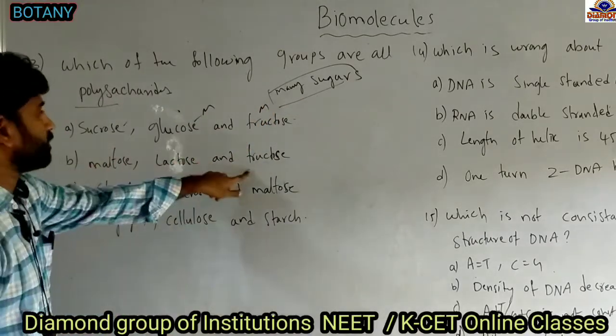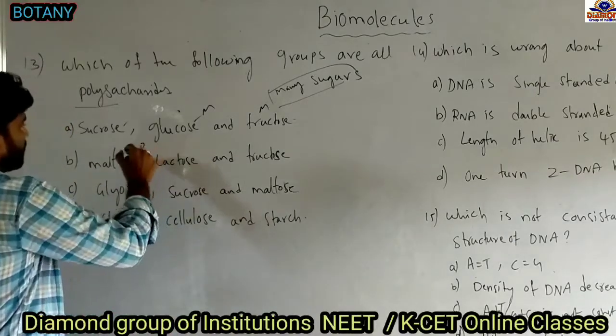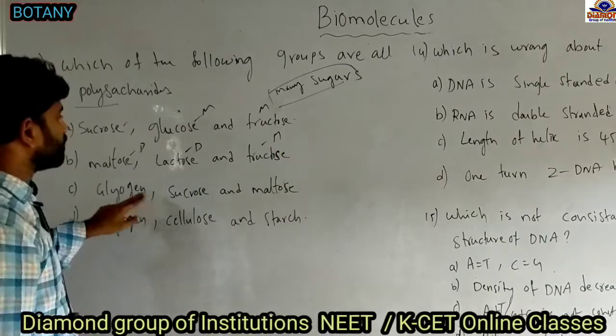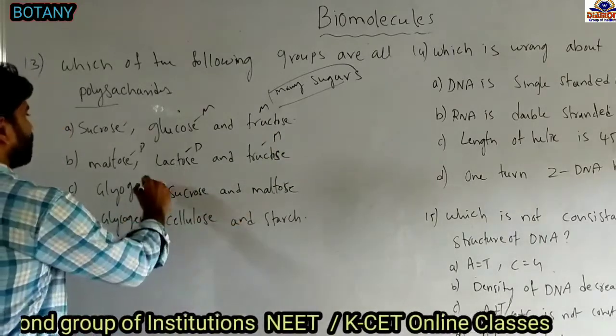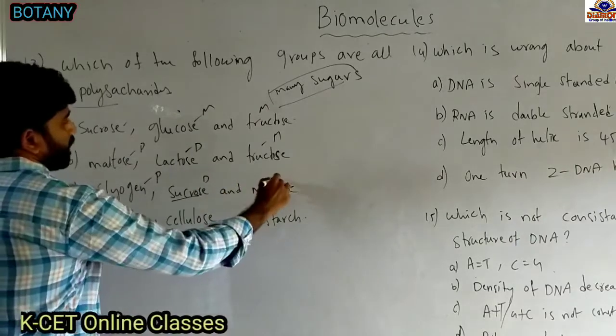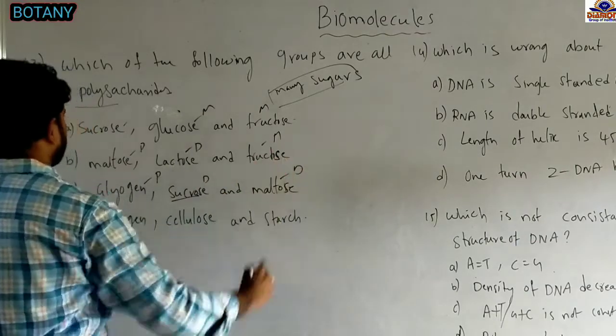Maltose, lactose, and fructose: maltose is a disaccharide, lactose is a disaccharide, fructose is a monosaccharide. Glycogen, sucrose, and maltose: glycogen is a polysaccharide, sucrose is a disaccharide, and maltose is a disaccharide.